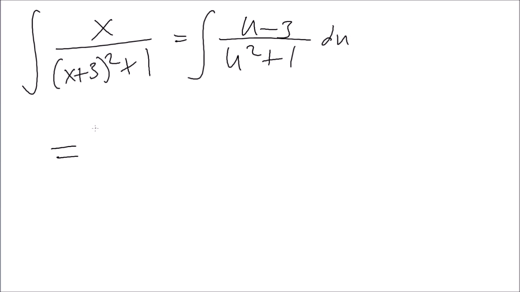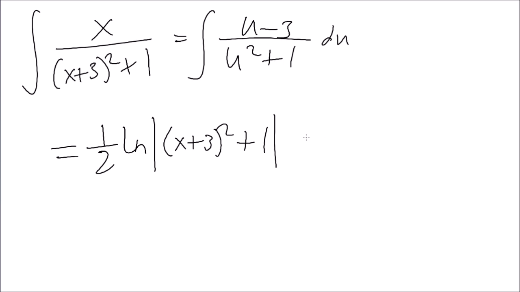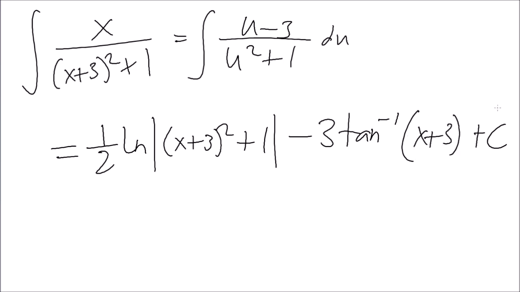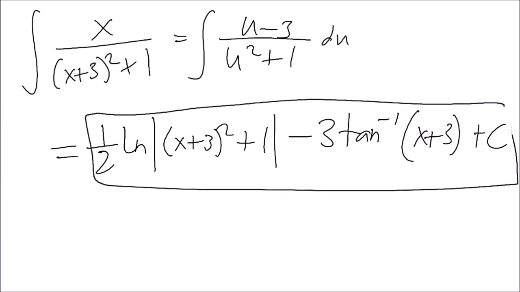I'll take it. So now this is half of ln of u squared plus 1, which is x plus 3 squared plus 1, and then minus inverse tangent of u, which is x plus 3. Wow, that worked out a lot nicer than I thought.